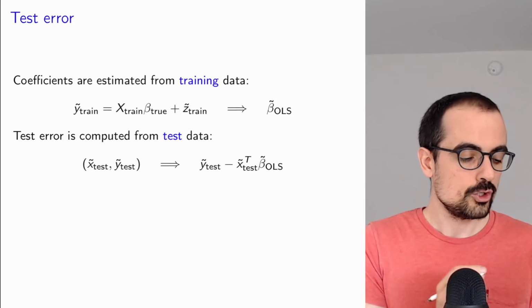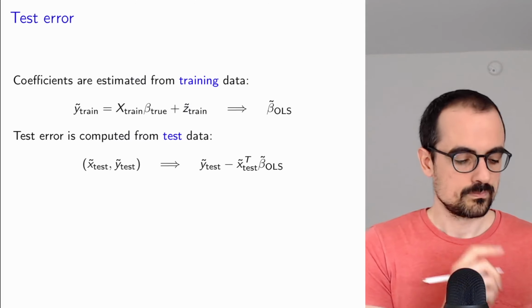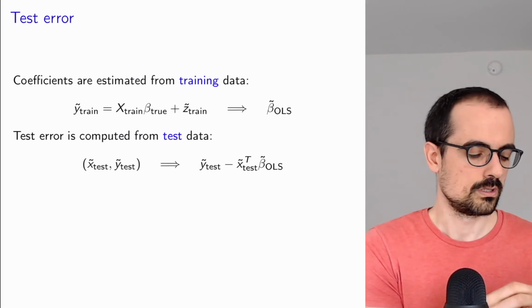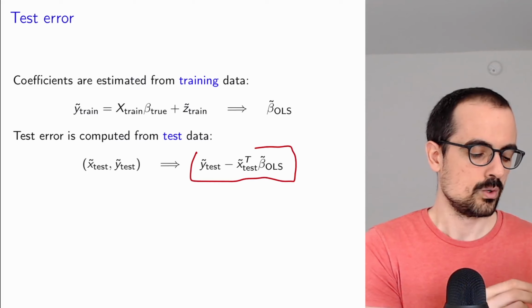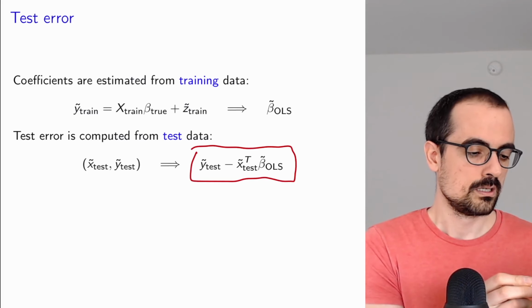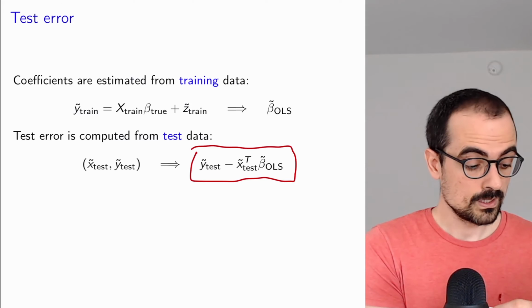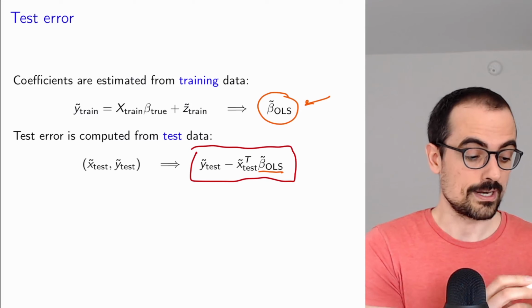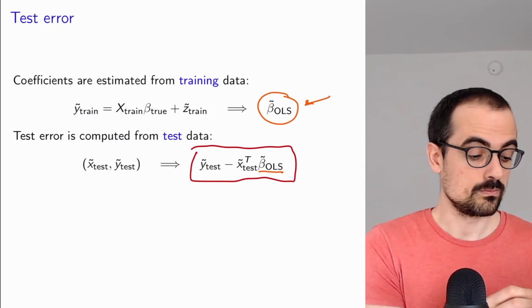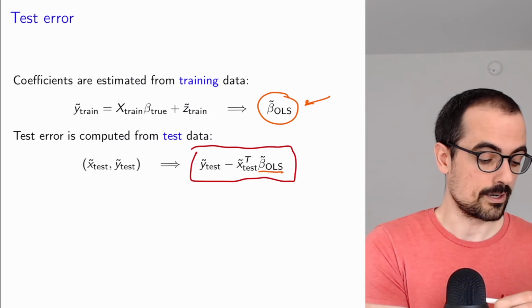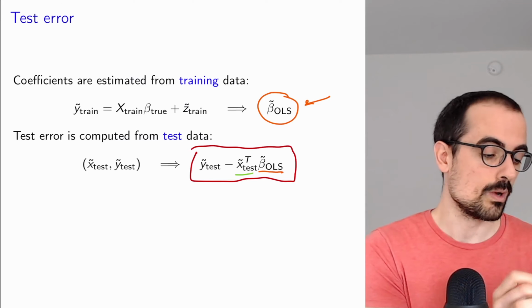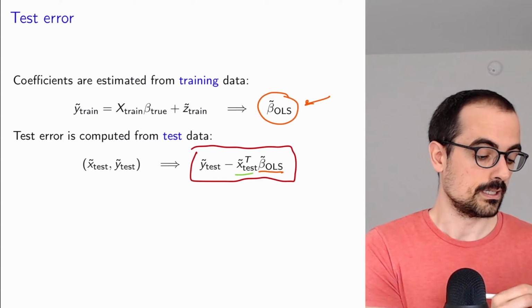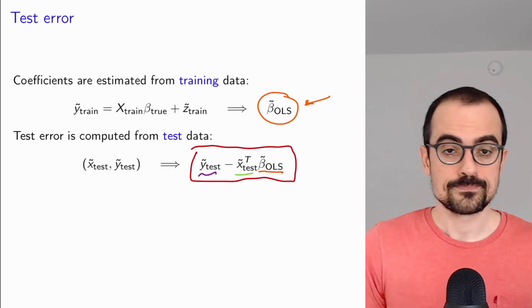We're going to assume that, and then we're going to evaluate the test error. We're going to see how well the linear model that depends on the coefficients estimated from the training data, once we take an inner product with the test features, approximates the test response.